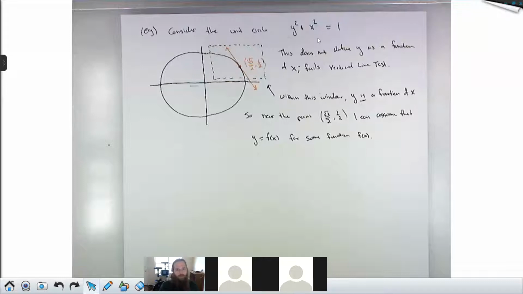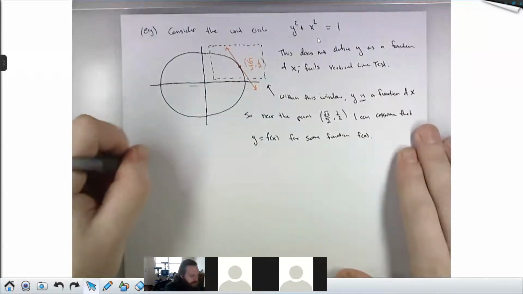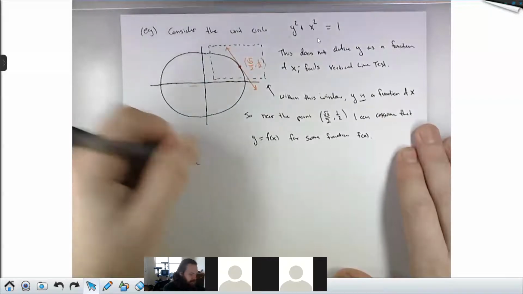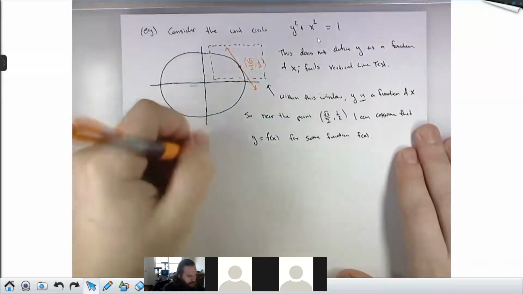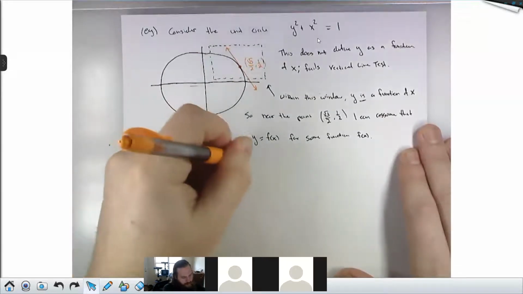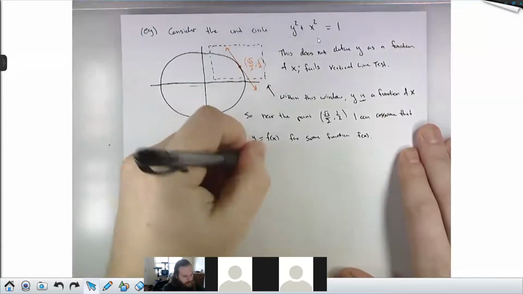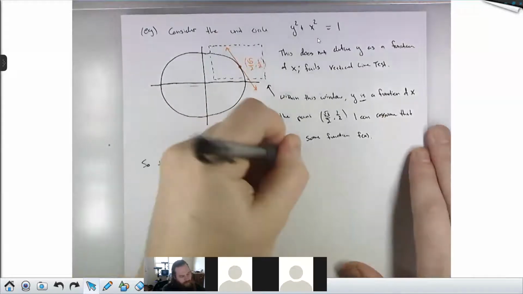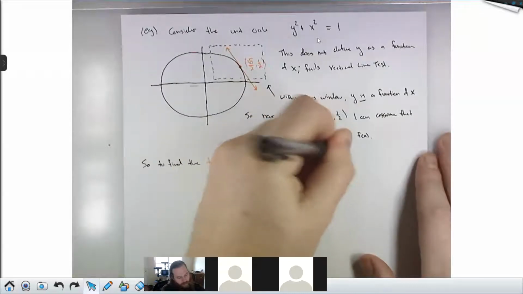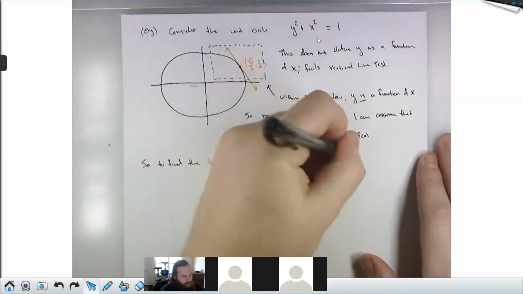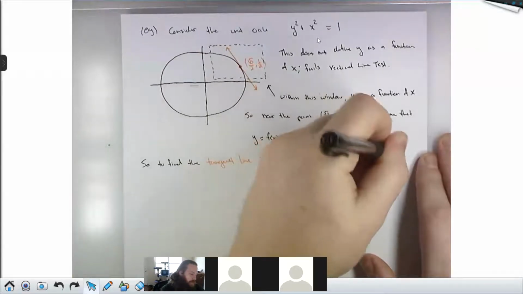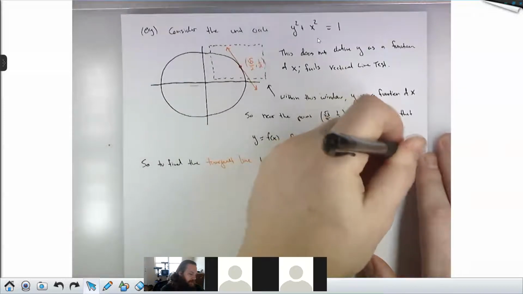Okay. So to find the tangent line up there, I need to know what is f primed of √3/2, where y is f of x, right?